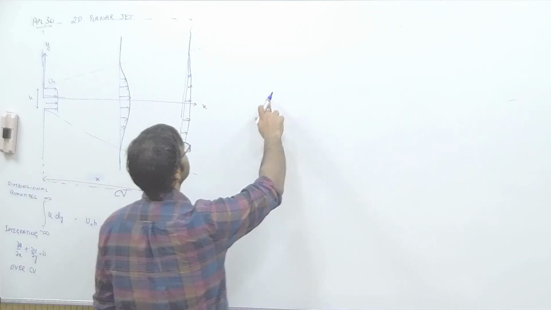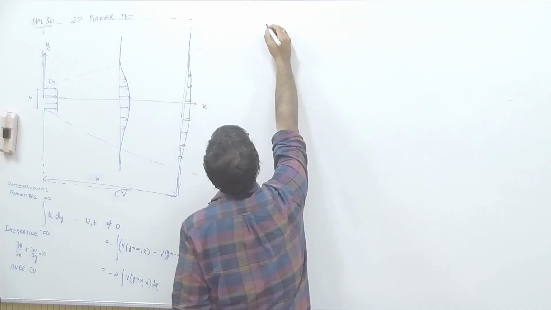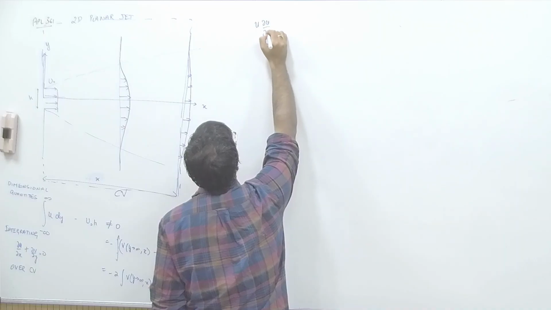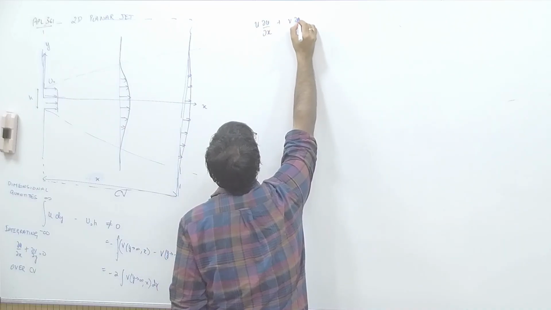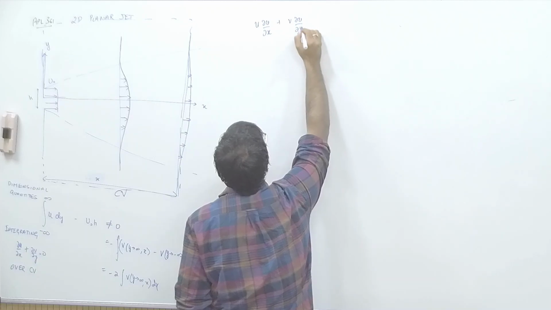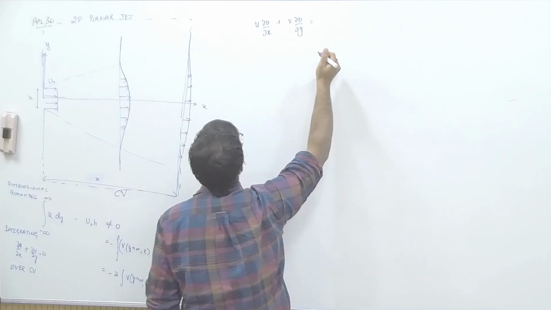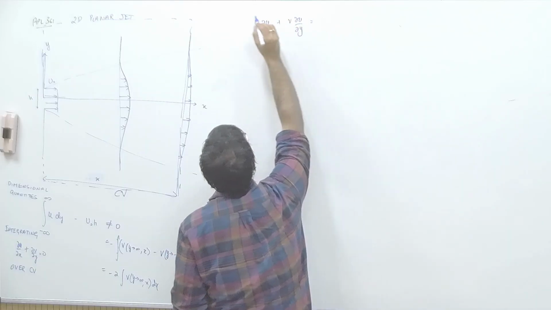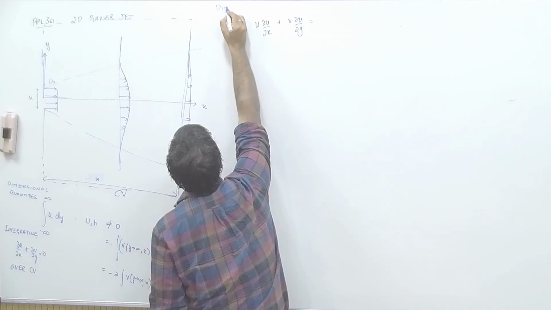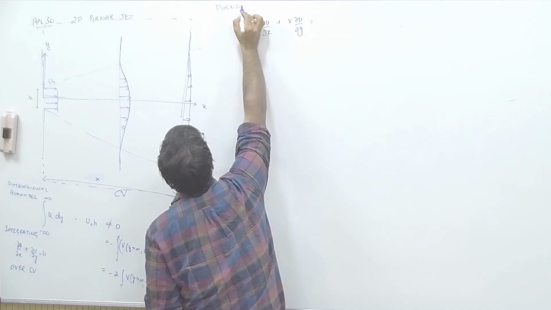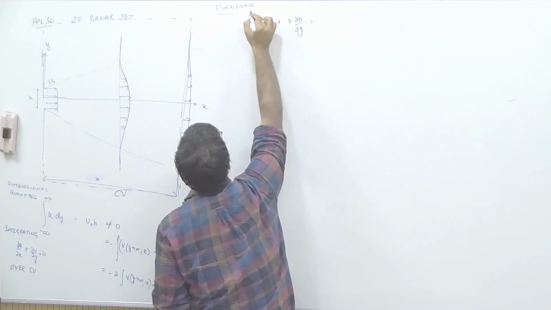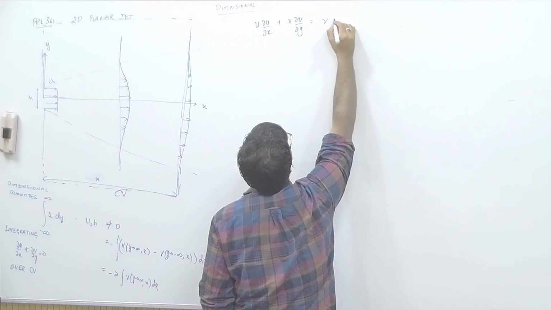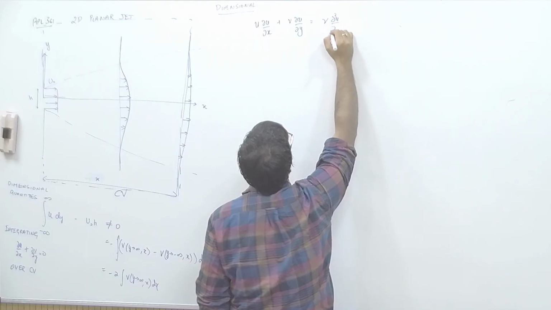Now you can do the same thing for your momentum equation. So what we have derived is u del u by del x plus v del u by del y equals, so we have already reasoned that the pressure term is not present, and in the dimensional coordinates and variables, I will get a kinematic viscosity here and a del 2 u by del y square.